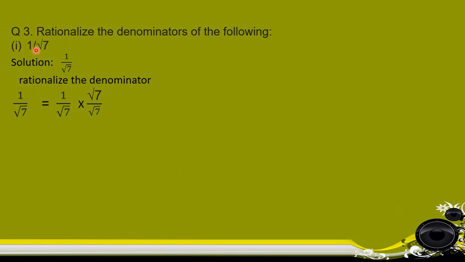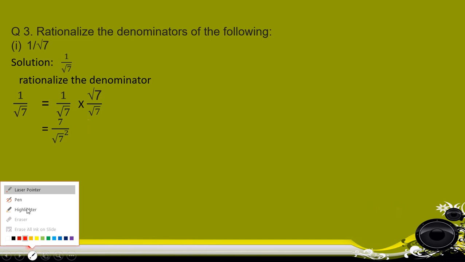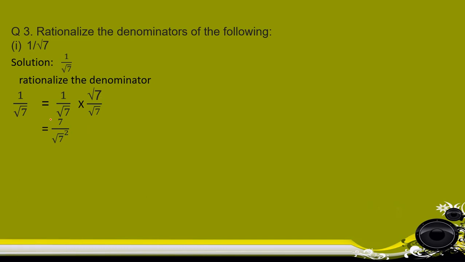In this term 1 upon root 7, the denominator is root 7, so we have to multiply and divide by root 7. So we get 1 upon root 7 into root 7 upon root 7. In the next step, 1 into root 7 is root 7. Okay, here the root sign is missing, so let us draw the root.